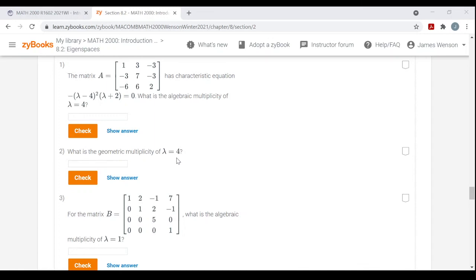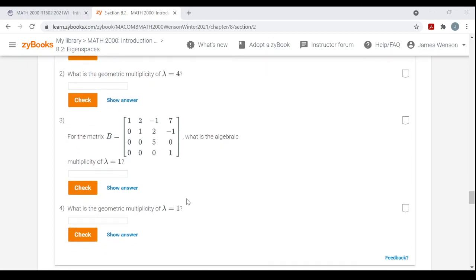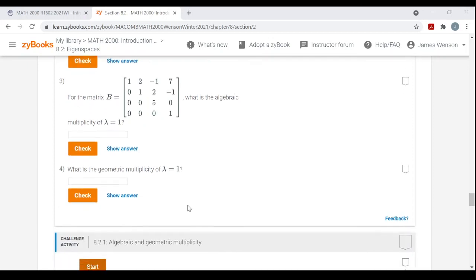Because again, you got to figure out the dimension of the corresponding eigenspace. Here's another one that's pretty simple because it's an upper triangular matrix, so you can very easily state the algebraic multiplicity of an eigenvalue. But then again, the geometric multiplicity is a little tougher, a little more involved, because you have to find the dimension of the corresponding eigenspace.